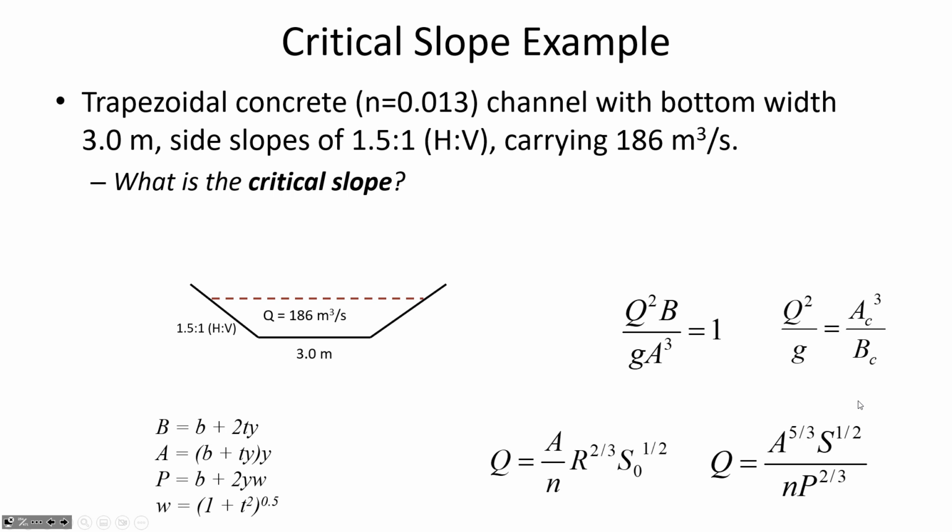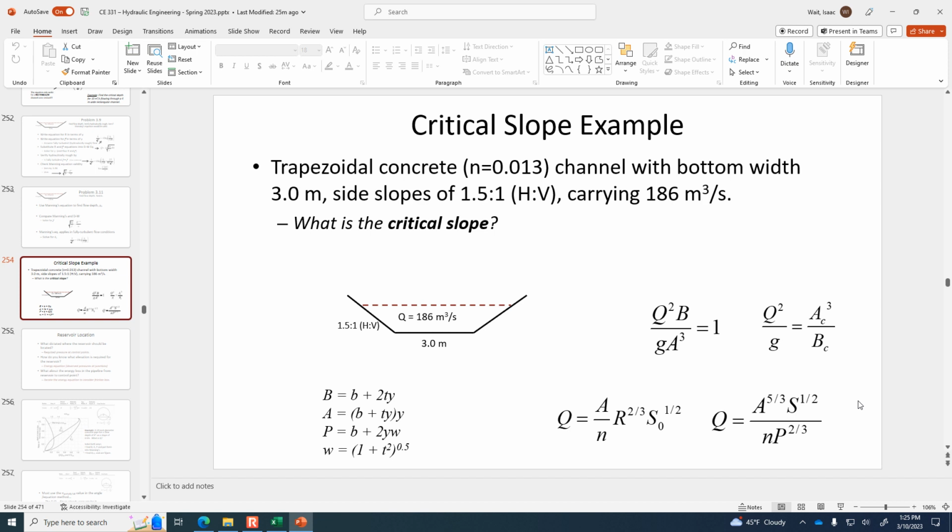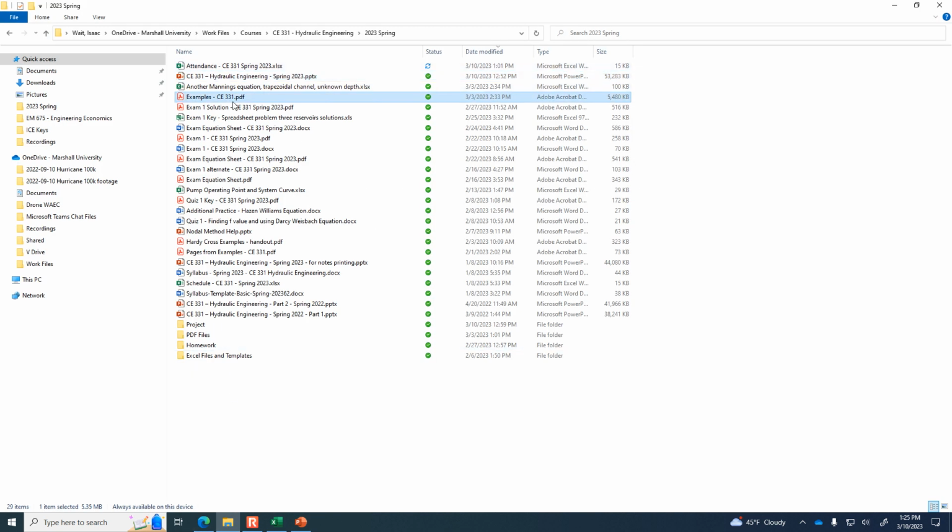Okay, the slope that we're going to get is 0.0015. So that's 0.15%.